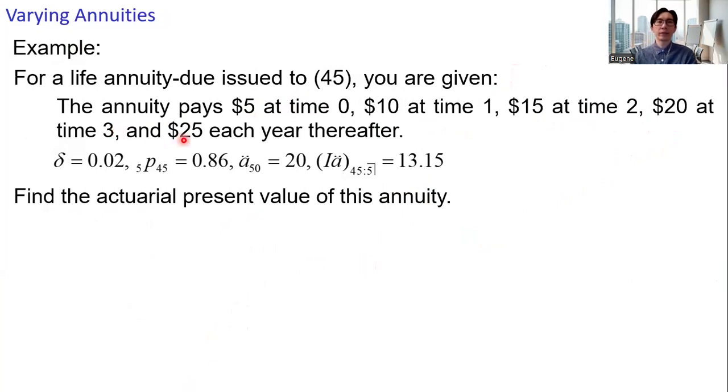We are given the following quantities: delta is 0.02, the survival probability 5p45 equals 0.86, and A50 is 20. And then we have a 5-year term increasing annuity due, whose corresponding actuarial present value is 13.15. We are asked to find the actuarial present value of this annuity.